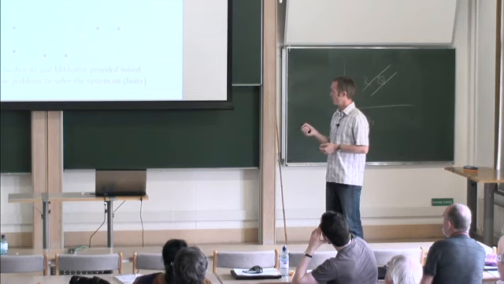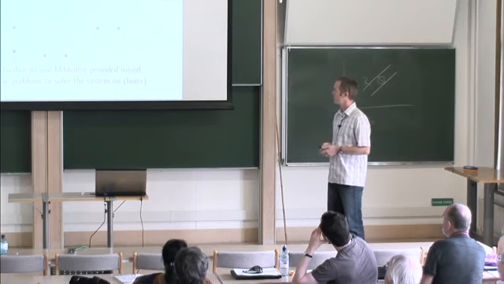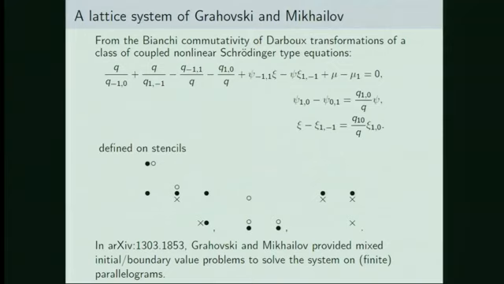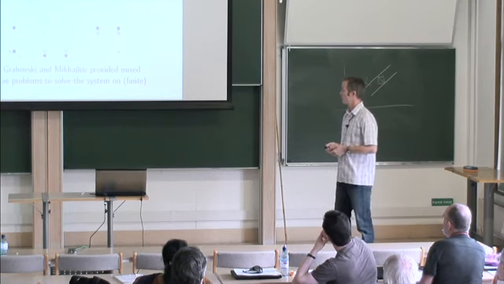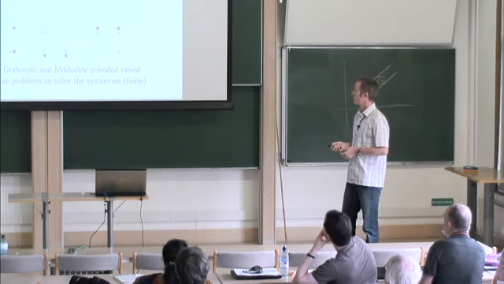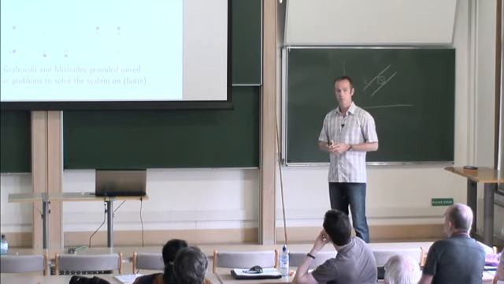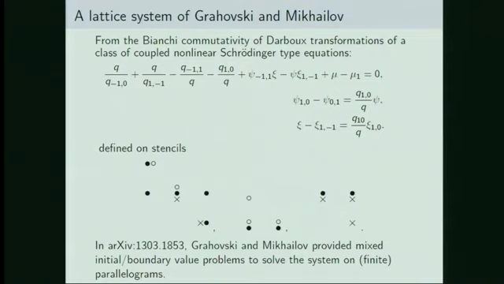So in a preprint that they put up on the web, they had a standard staircase for one field, and then there were kind of boundary value problems for the other fields, and that's one way to solve the whole system on that particular parallelogram that was there. But you can create initial value problems for this system and Gauss problems for that system, and I'm going to show you how.